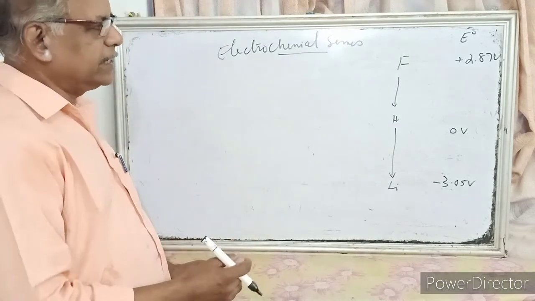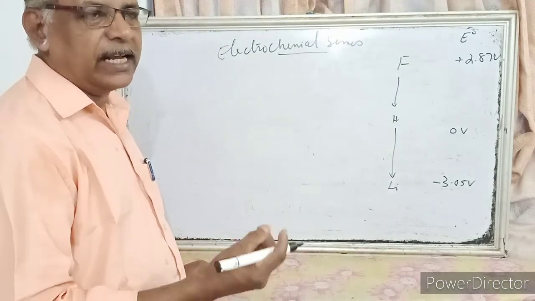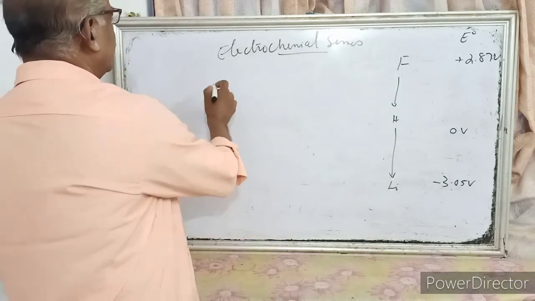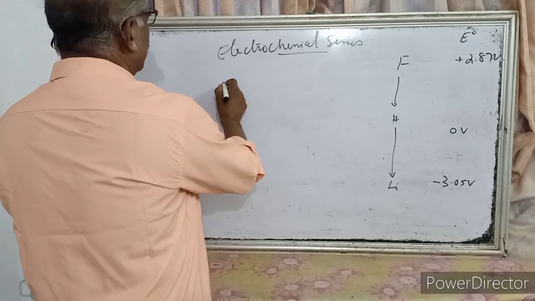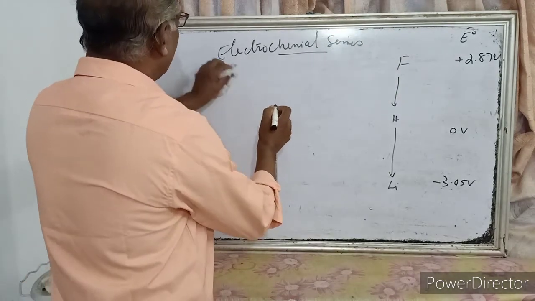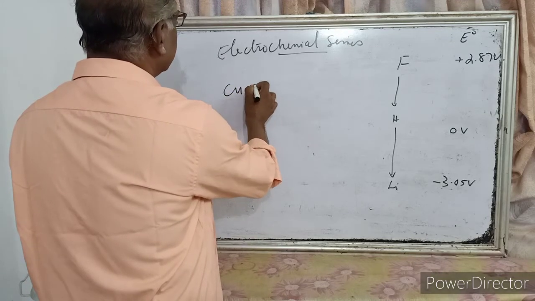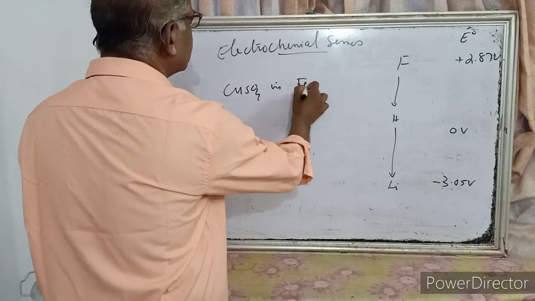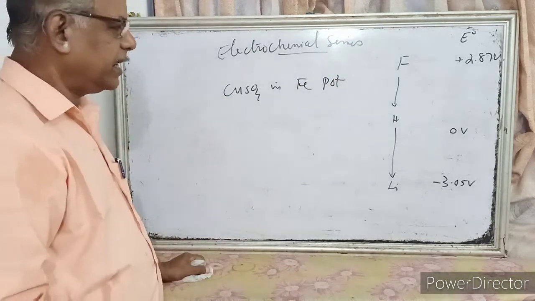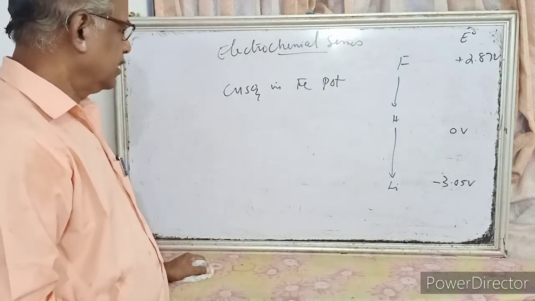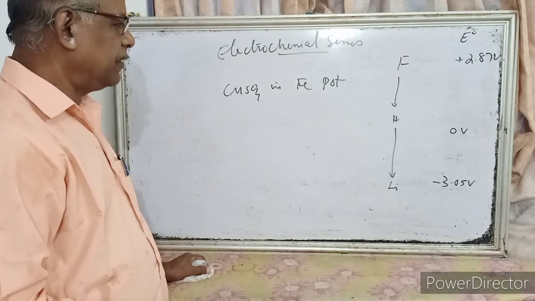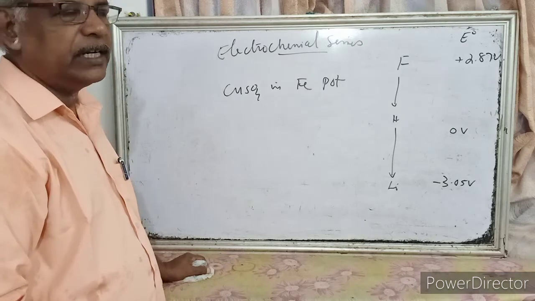Based on this E0 value, we can predict whether a solution can be kept in a metallic vessel. For example, can you prepare copper sulfate solution in an iron pot? Copper's E0 value is positive, a higher value, and for iron it is negative, a low value.